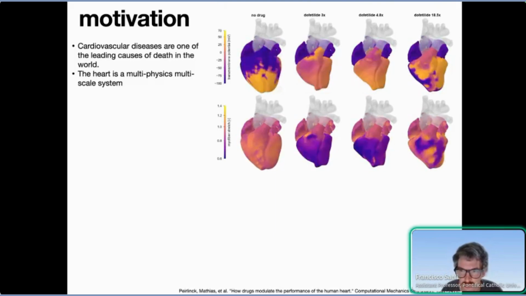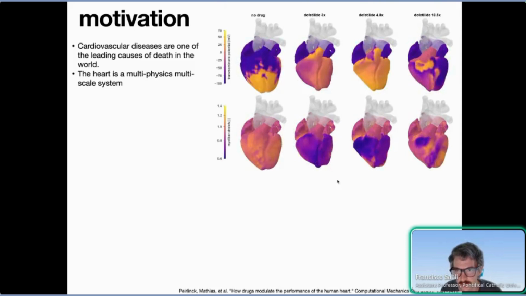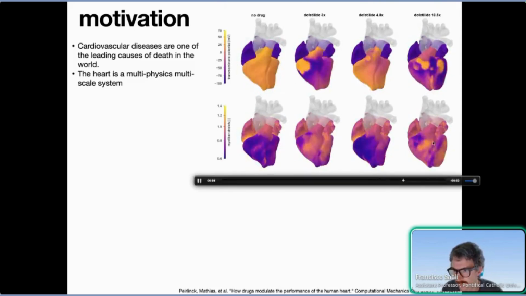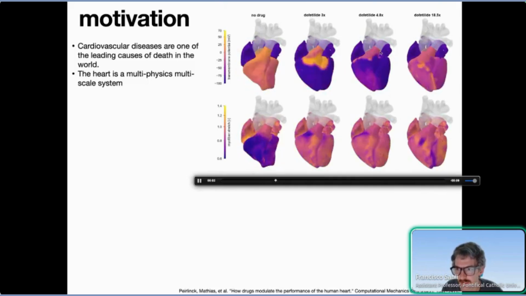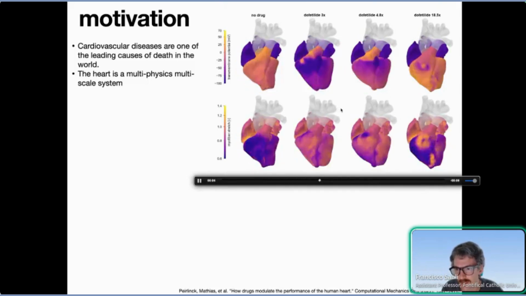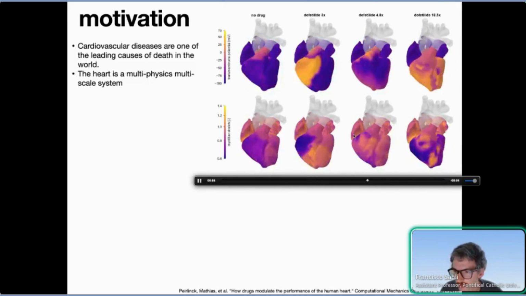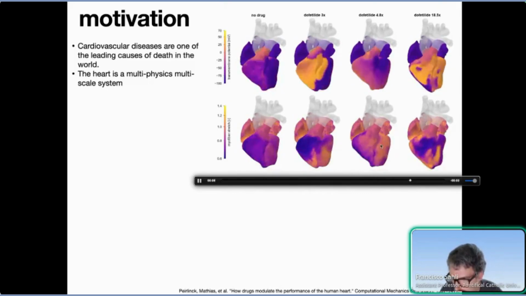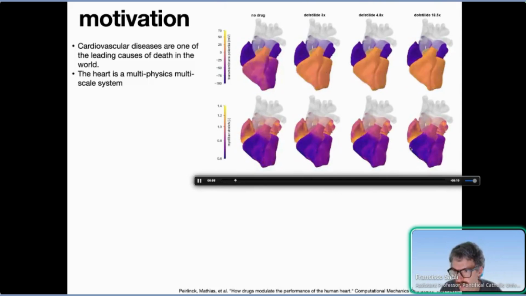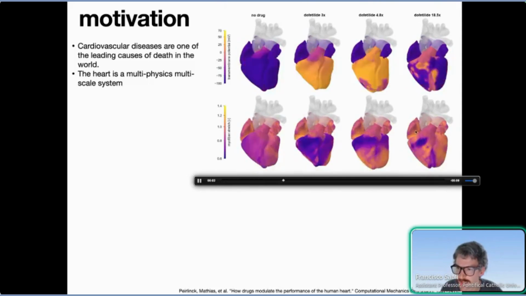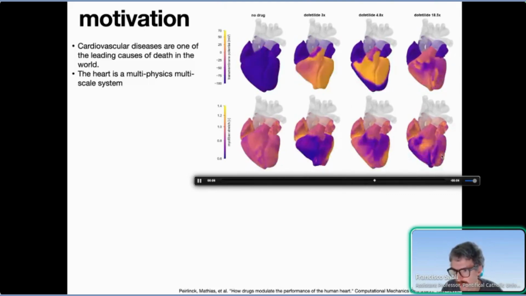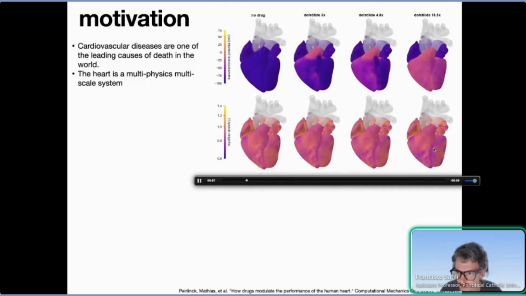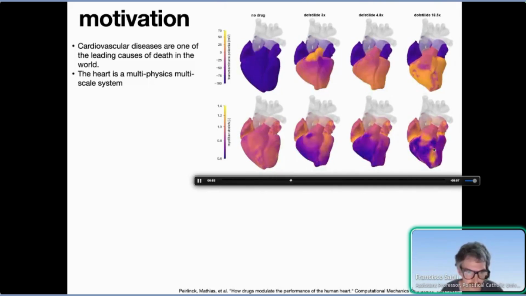From left to right, we are increasing the amount of a specific drug that we are applying, and you can see that just by changing the amount of drug, you can have drastically different mechanical and also electrical responses. So this would be a case of fibrillation, and if you have this, you can die in a couple of minutes because there will be not enough blood supply to the rest of the body.